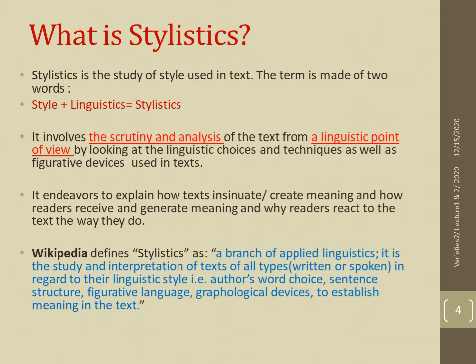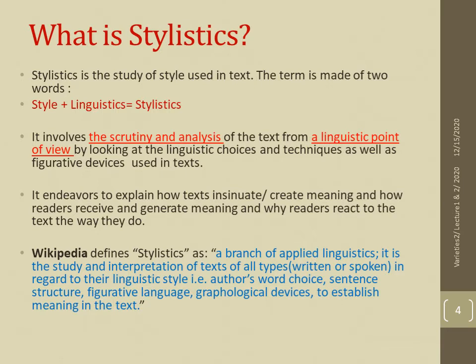All right. So what does it involve? It involves the scrutiny and analysis of the text from a linguistic point of view by looking at the linguistic choices and techniques as well as figurative devices used in text. So when performing stylistic analysis, we first scrutinize the text, we look at it, we observe it, and then we draw data.